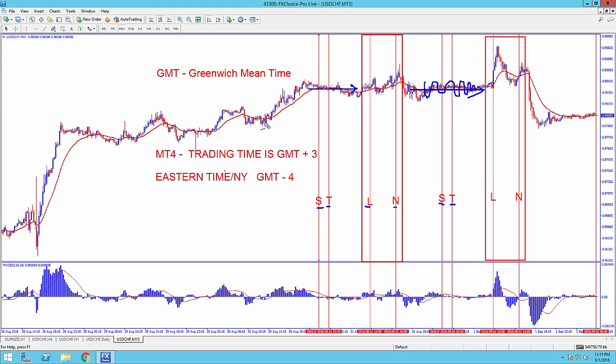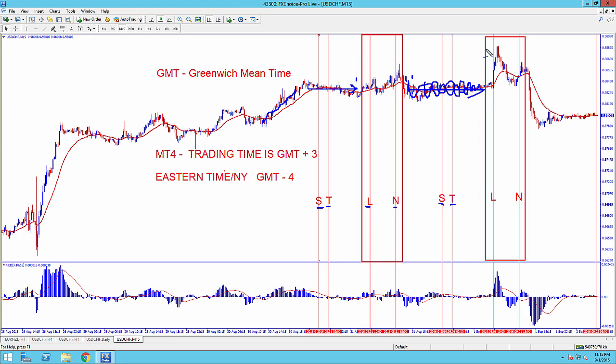Sometimes you have a little bit of a move, but most of the time, the New York session ends at 5 p.m., but up until about maybe 9, 10 o'clock Eastern, that's where most volatility is. So 2 a.m. to about 9, 10 o'clock Eastern, right around that zone. Other than that, it's a dead zone.